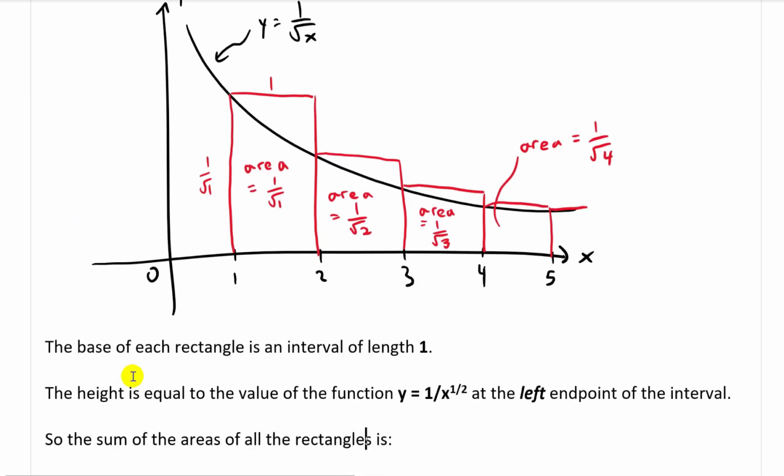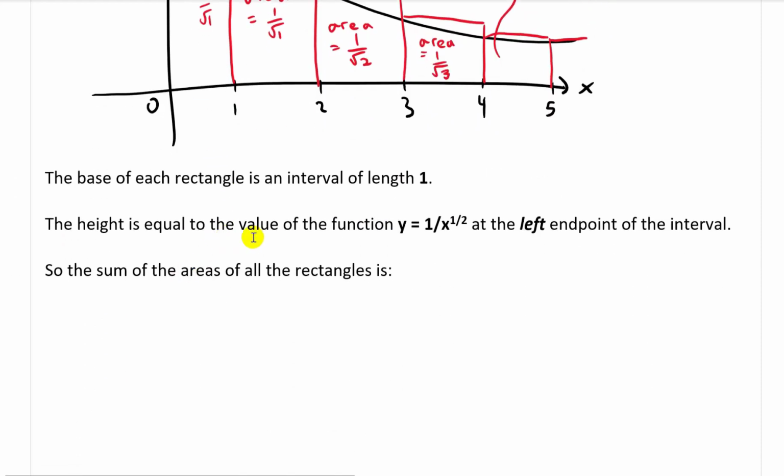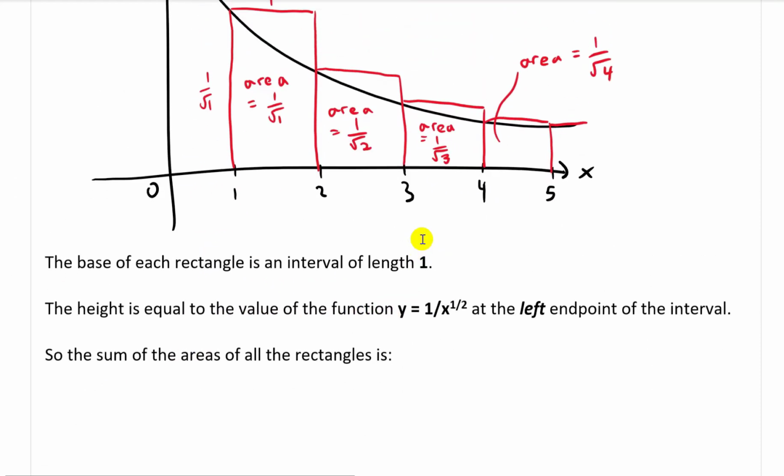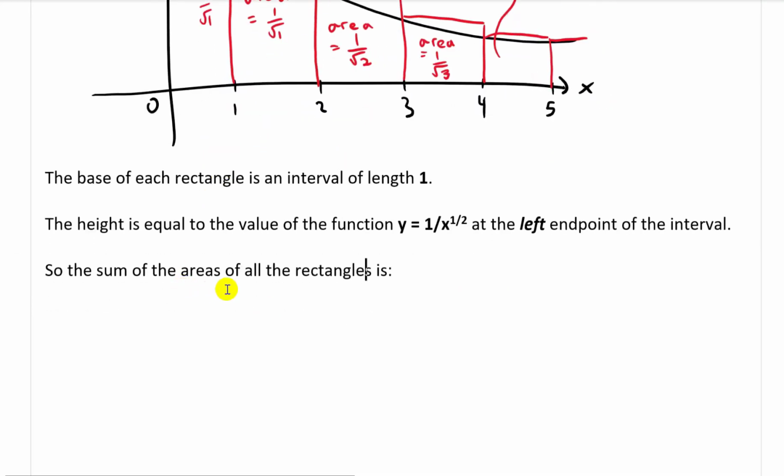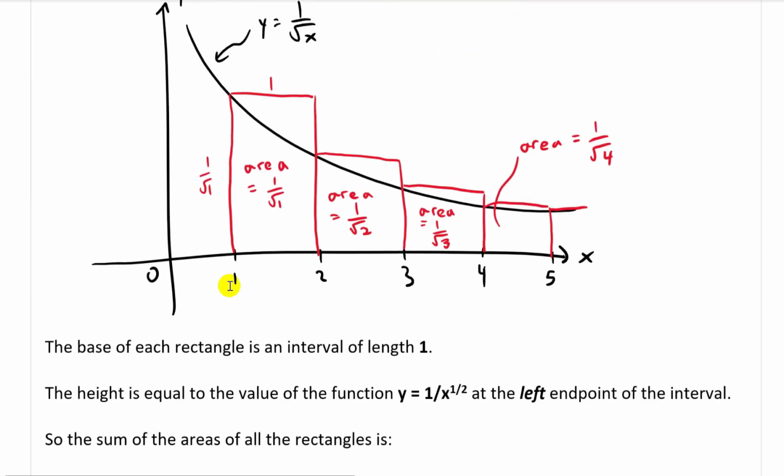All right, so the base of each rectangle is an interval of 1, or the width there. The height is equal to the value of the function 1 divided by square root x, or x to the power of 1/2, at the left endpoint of the interval. So that's the value of this height there. So the sum of the areas of all the rectangles is we just sum up all these rectangles like that.